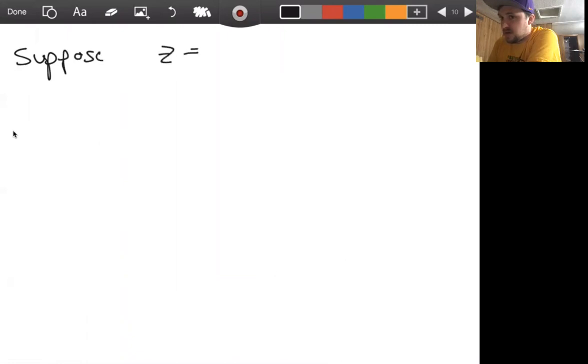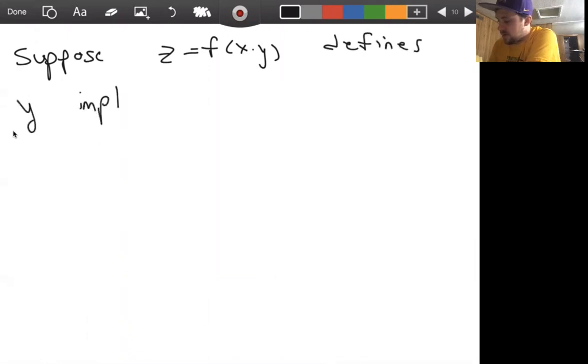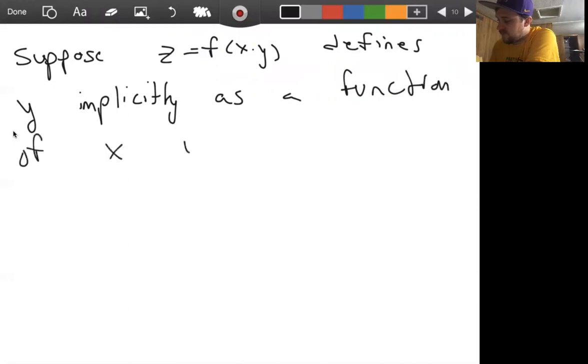So let's suppose we have z equals f of x, y, that defines y implicitly, let's say implicitly as a function of x, via setting it equal to 0, so the level curve at 0, right?